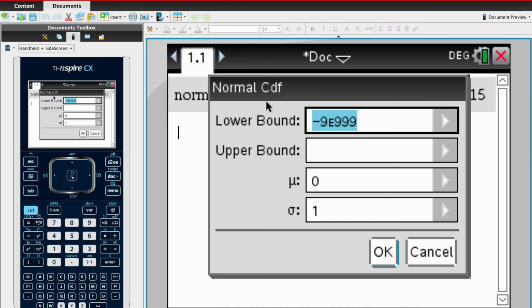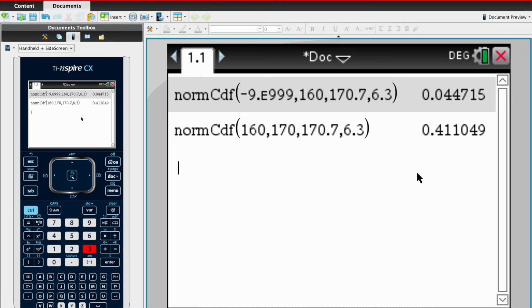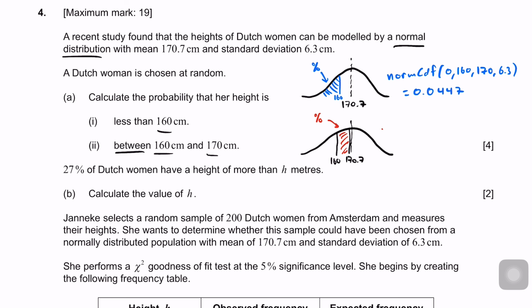Normal CDF, okay. Lower bound of 160, upper bound of 170, a mean of 170.7, and a standard deviation of 6.3. And hopefully, there it is. Okay. So roughly, in this case, 41.1%. I'm going to go back to the document and write this out.